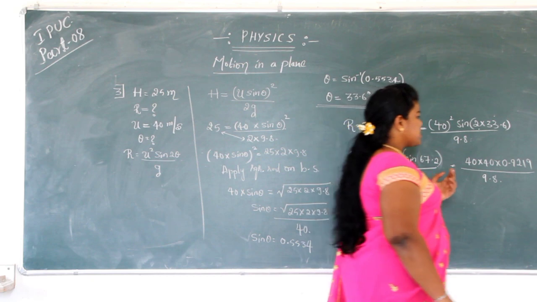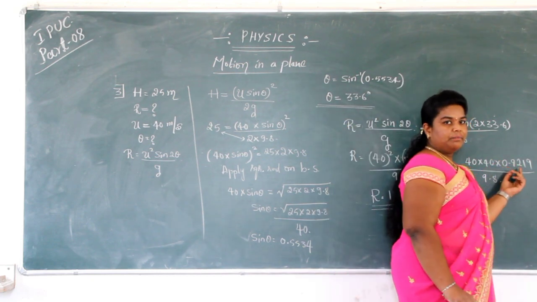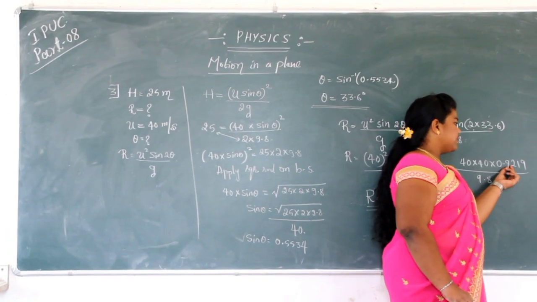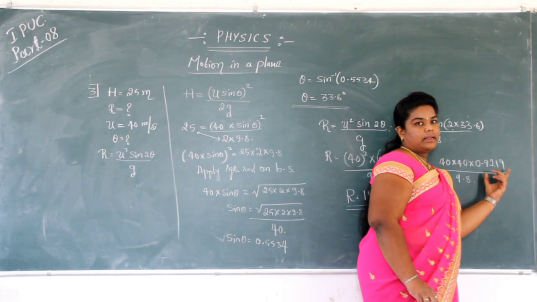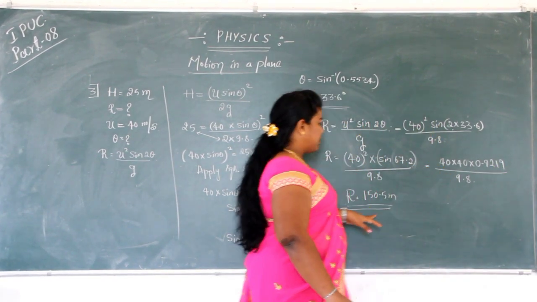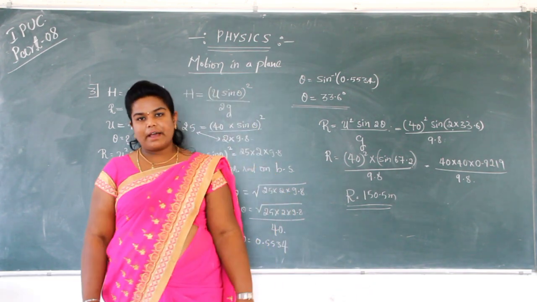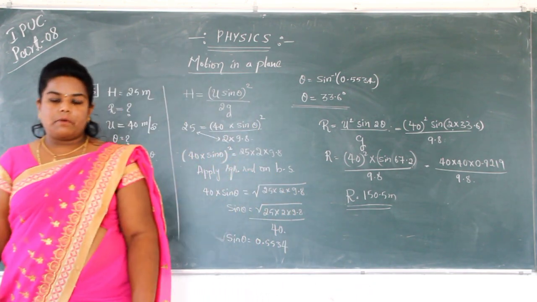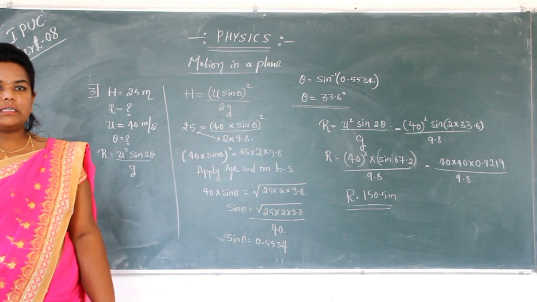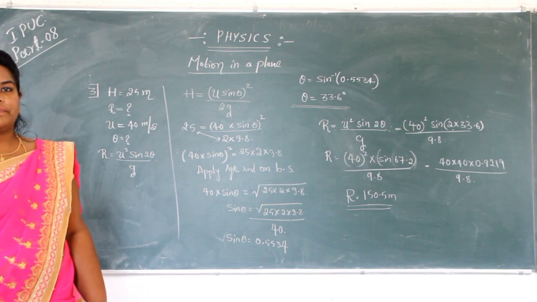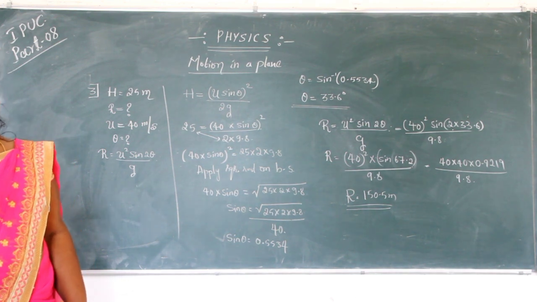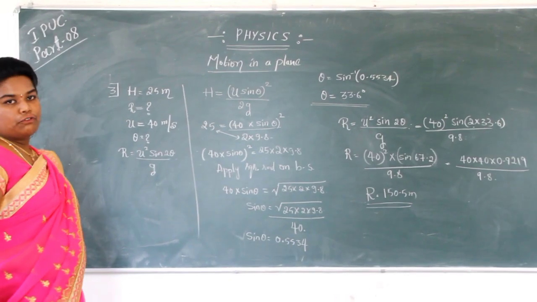So precision matters: with 0.9219 complete you will get the value 150.5 meter. So this is about that question. Let us move on. So let us move on to the fourth question.